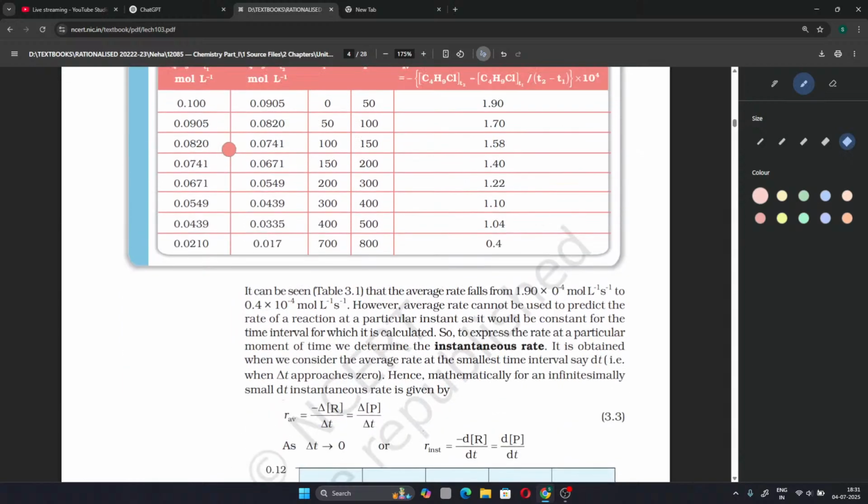From seeing this table, the average falls from 1.90 into 10 power minus 4.